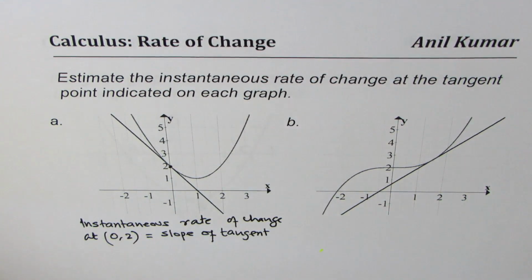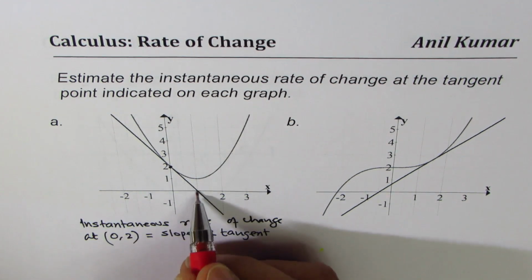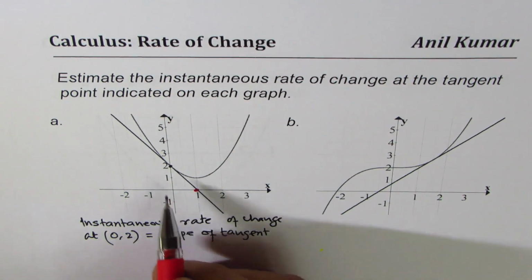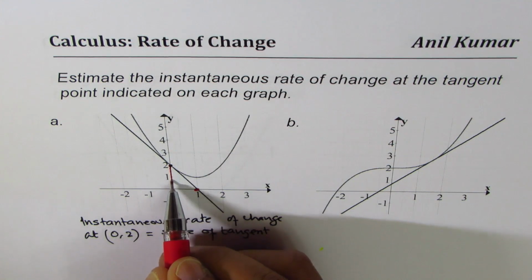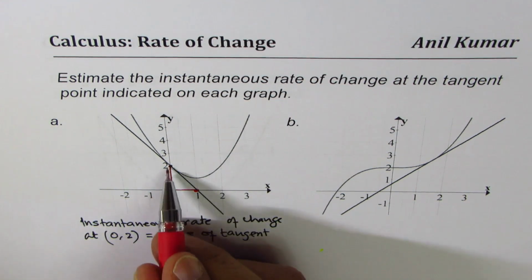When you do it graphically, you may not get very accurate results. So we are saying estimate, right? The idea here is, from the graph, locate some good points. This seems to be a very good point, so that forms a good triangle. Now from here we can calculate the slope of this tangent.